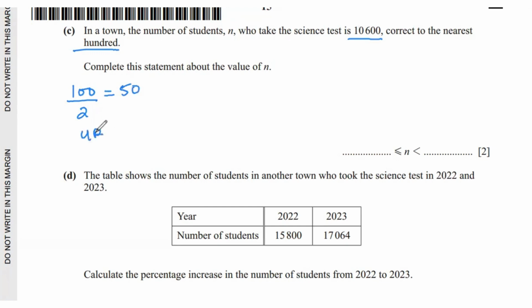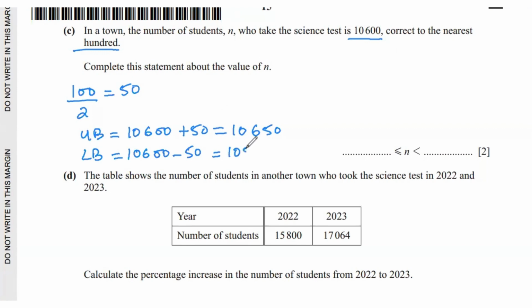So for the upper bound, we'll do 10,600 plus 50, which is 10,650. And for the lower bound, we will subtract 50 from 10,600, which will give us a value of 10,550. So it's bigger than 10,550, but less than 10,650.